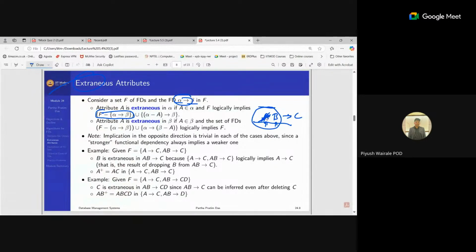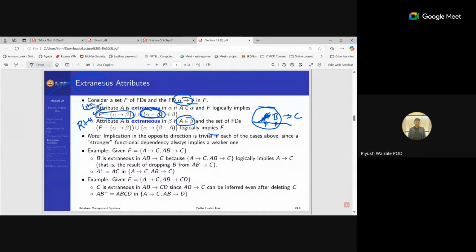So I remove that A, and I add B determines C in F. So for whichever attribute you are going to check, you have to remove that from the set, and then you can add that FD inside F, and then check whether A is extraneous or not, right? So attribute A is extraneous in alpha if the new set F logically implies F. So this is for the left hand side, and there is a similar condition for the right hand side.